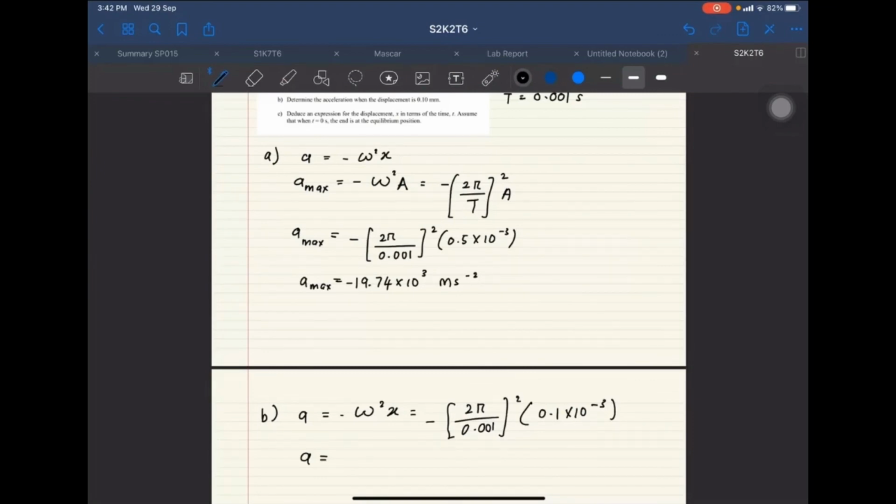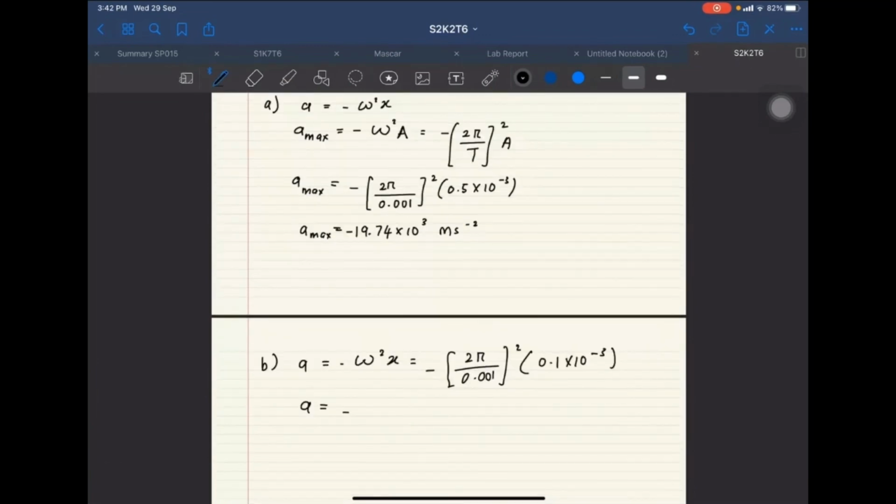Negatif 3.95 darab 10 kuasa 3 meter per second squared. Meter per second pula. Salah. Betul kan? Betul, okay. Betul sir. Acceleration.